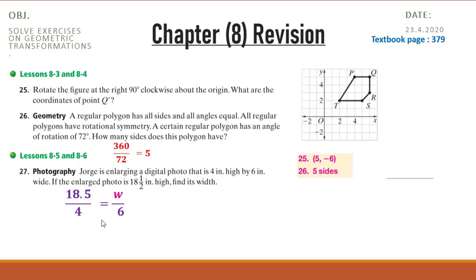So the next step is easy. We're going to do cross multiplication to find W. We're going to multiply 18.5 by 6 and divide by 4. So the answer will be 27.75 inches, of course.